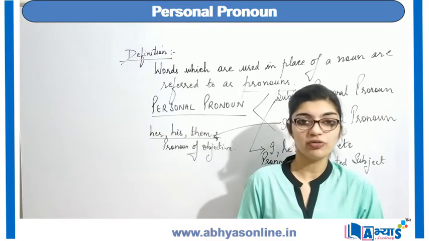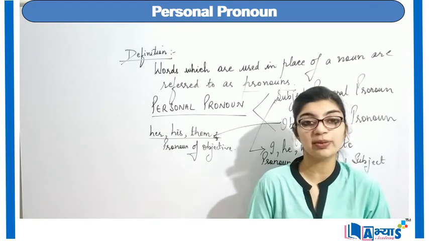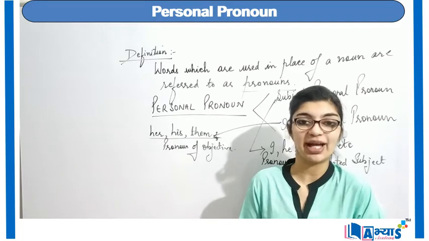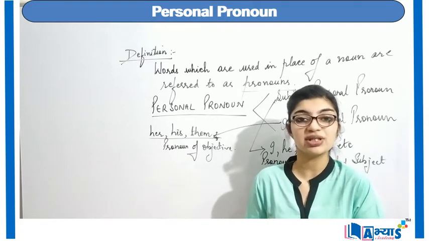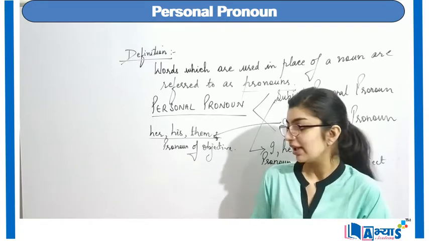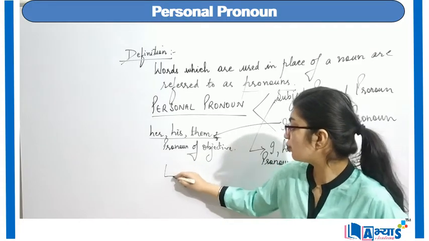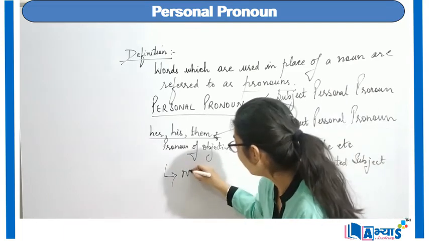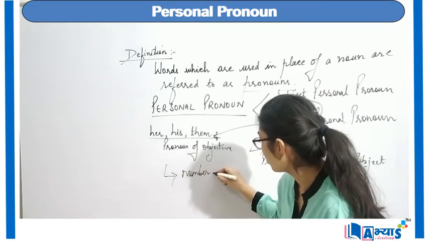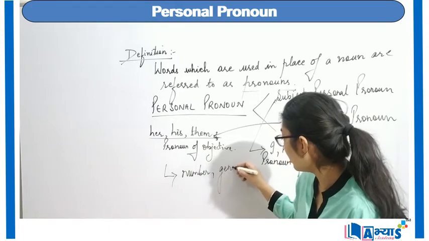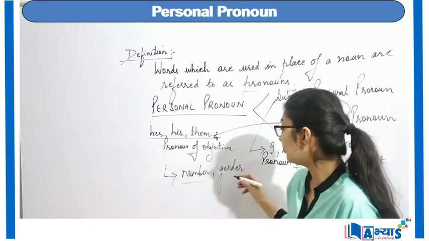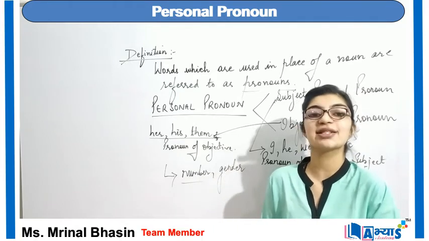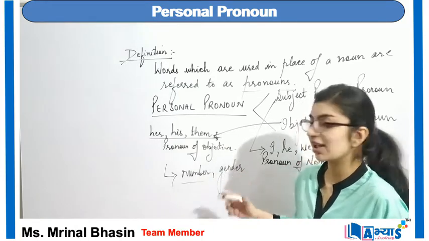Now, the rule for using pronouns is very simple: first we should keep in mind what nouns we are replacing, right? That means that we should keep in mind the number and the gender of a person. Number means the number of persons or things which are the noun, and gender means the gender of the noun.